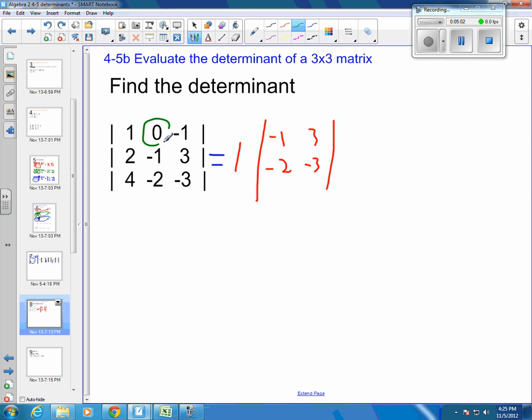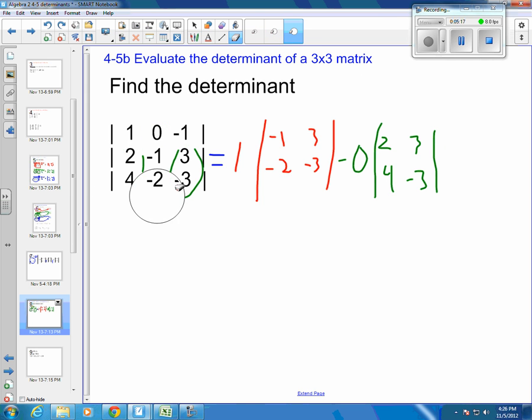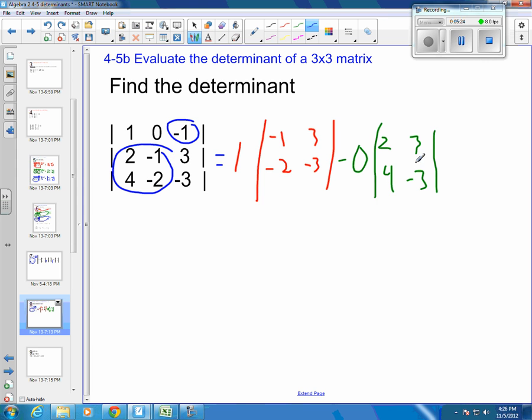So then I'm going to take minus 0 times, and that's going to be the 2, 4, and the 3, negative 3. And then I'm going to do my blue. And there's my minor. So it's going to be plus a negative 1 times 2, negative 1, 4, negative 2.